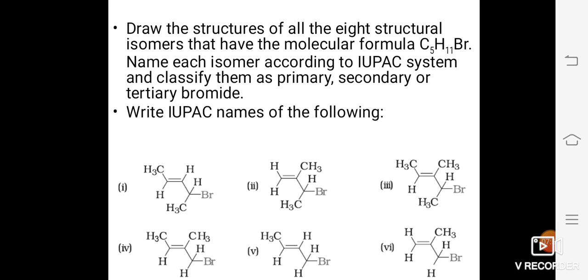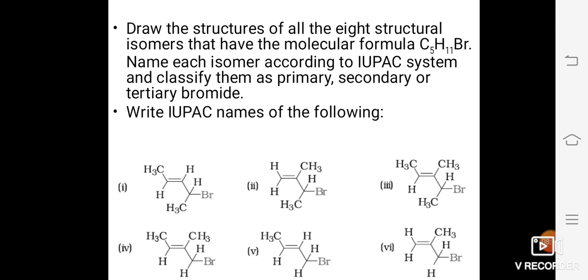Here you will have to draw the structures of all the possible isomers of the compound which has the molecular formula C5H11Br, that is bromopentane.